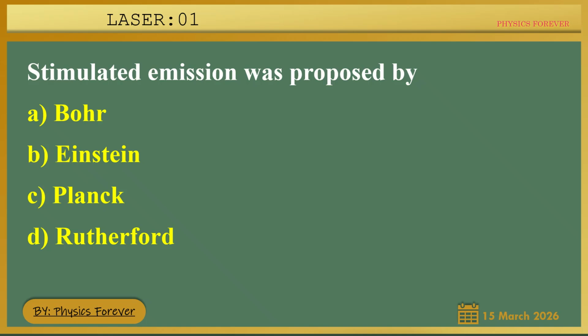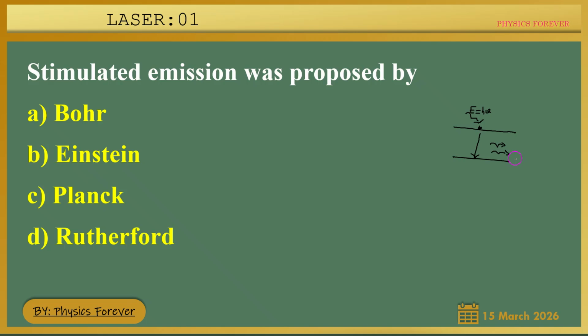Many books give a diagram: there is a ground state and an excited state. In the excited state there are atoms, with E is equal to h nu. Then it comes to the ground state and produces an identical photon. Two identical photons are produced. Those cases are elaborately given in all books, so you have to go through it yourself.